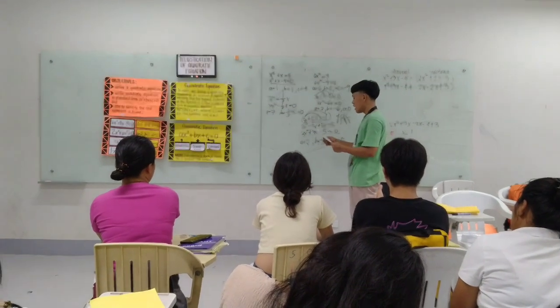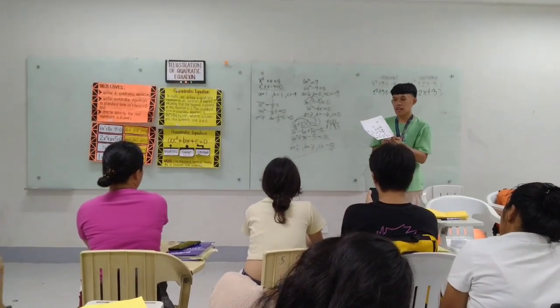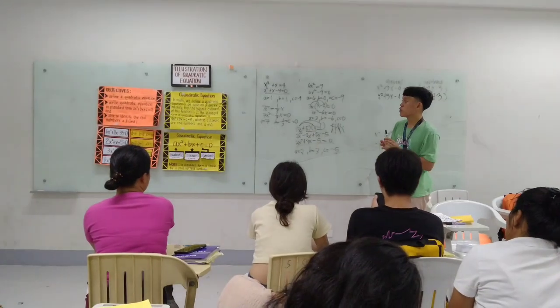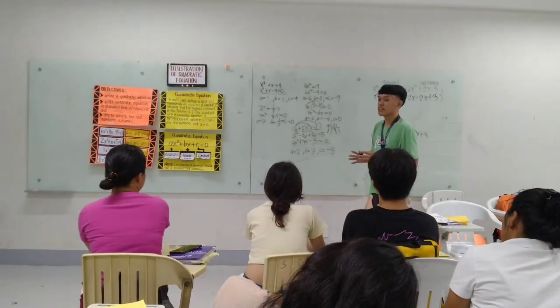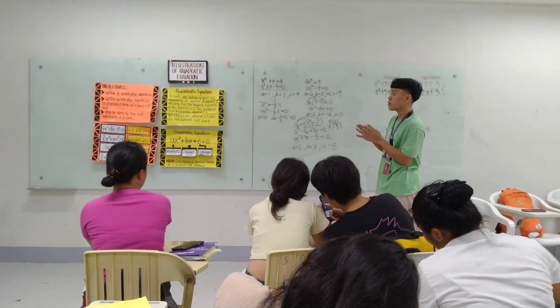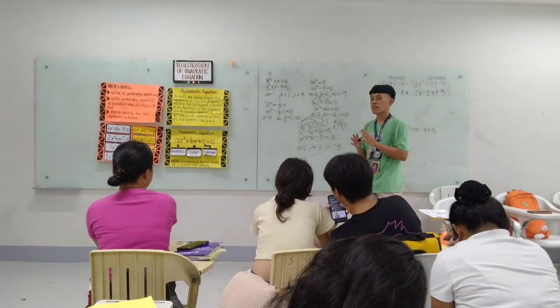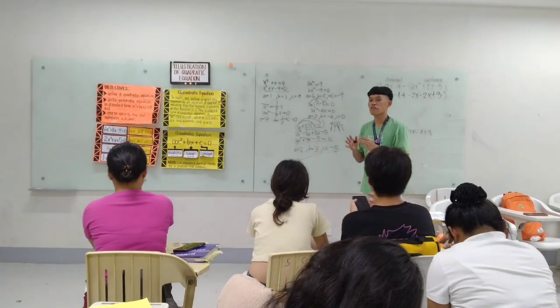Okay, very good. And I see that you really understand illustrating quadratic equations and also identifying the terms, the real numbers in A, B, and C. So do you have any questions or clarification?